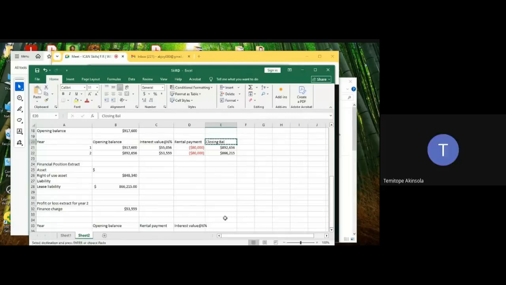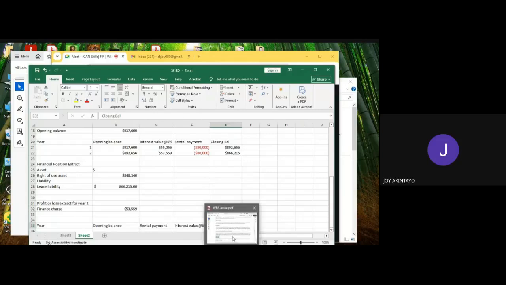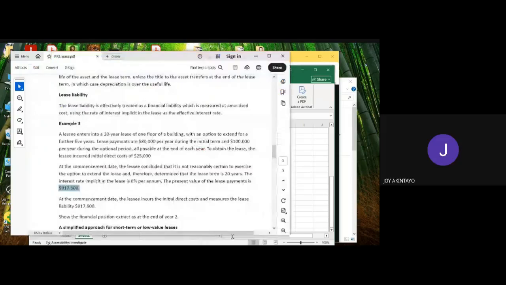When are we supposed to do it like this? If you have it in the question that the rental payment is being paid in advance. Like this question, we are being told that lease payments are 80,000 naira per year.